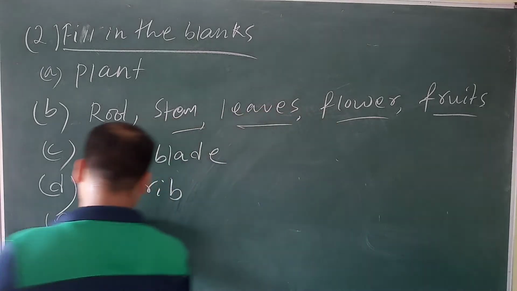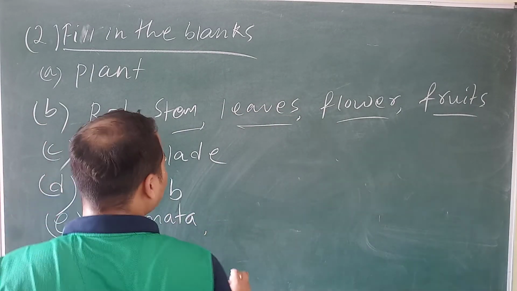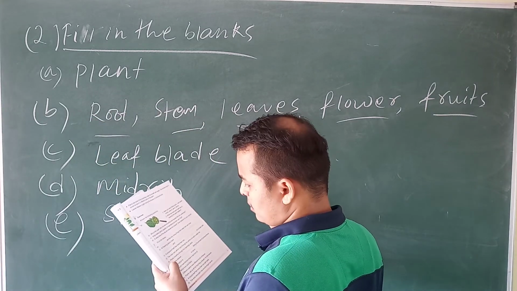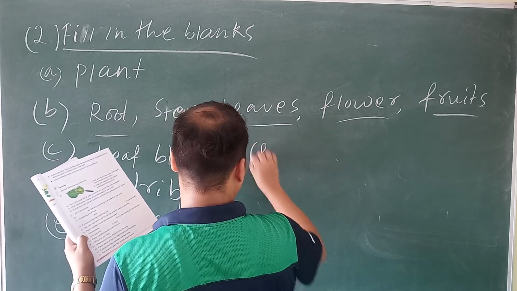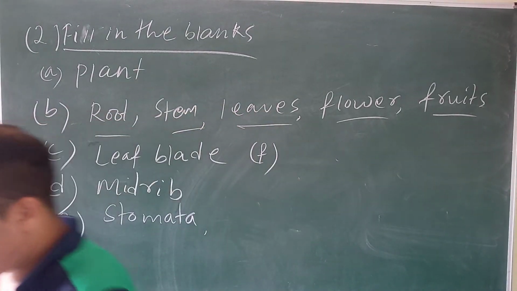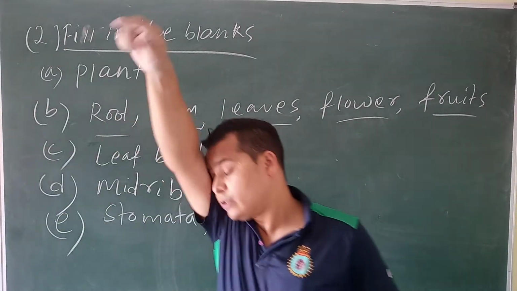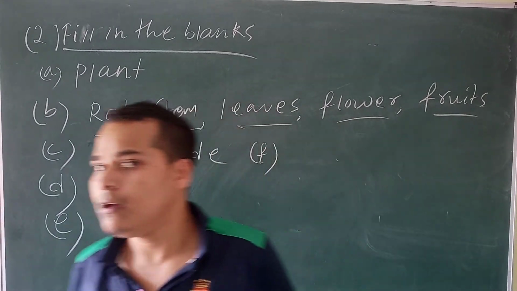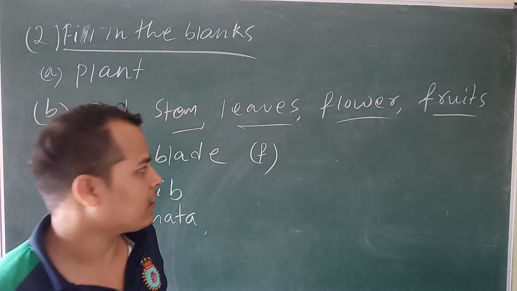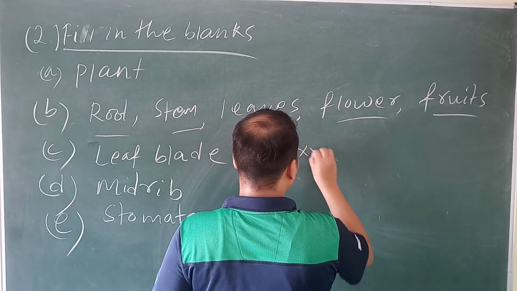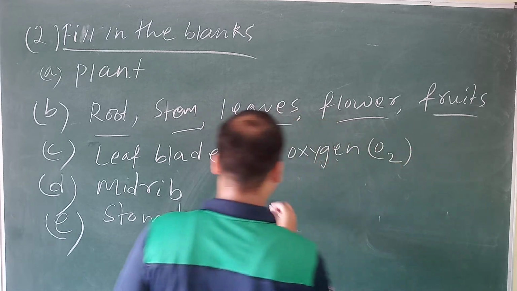Then question number F. Plants release dash during the process of photosynthesis. Plants take carbon dioxide and release what? Oxygen. What is the symbol of oxygen? It is O2.